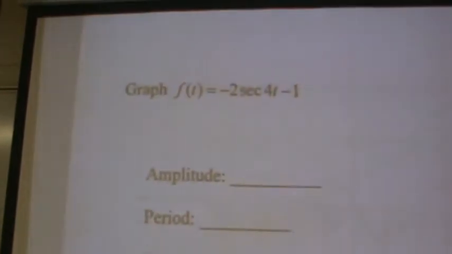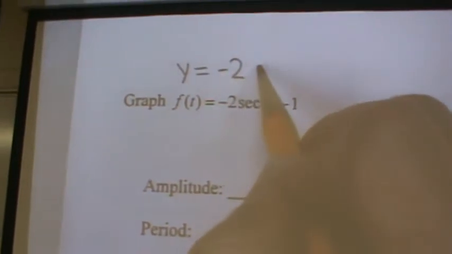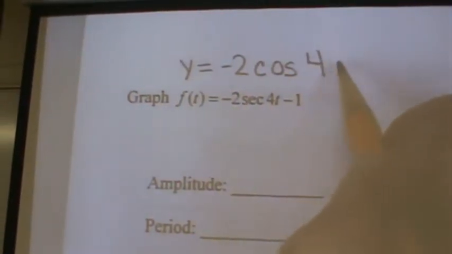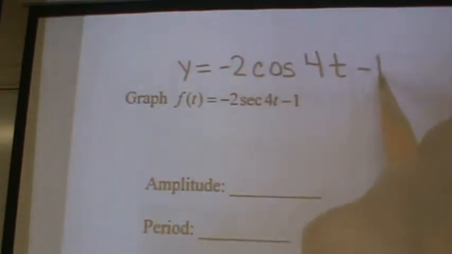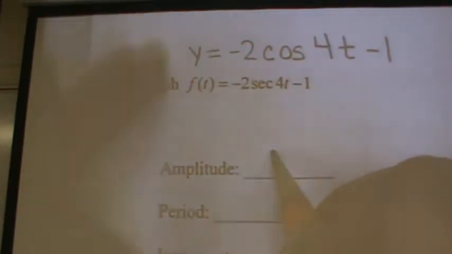Now, how do you do the secant and cosecant one? See if you remember. What are you going to graph instead? Okay, so what is the amplitude? 2.